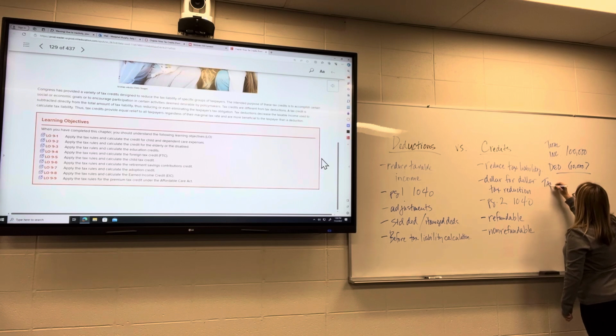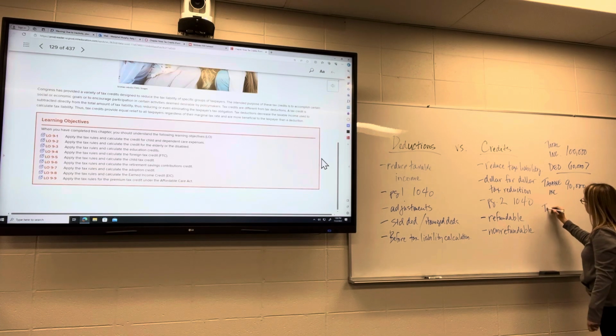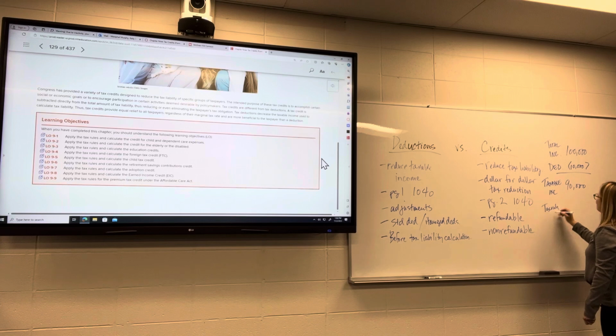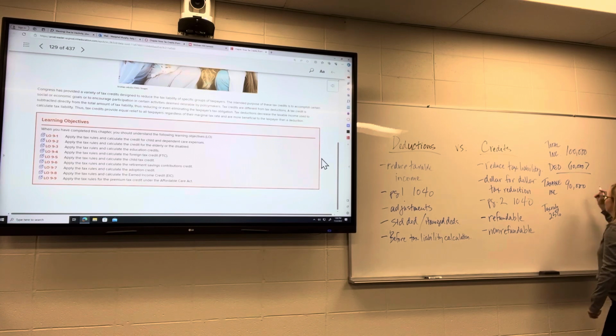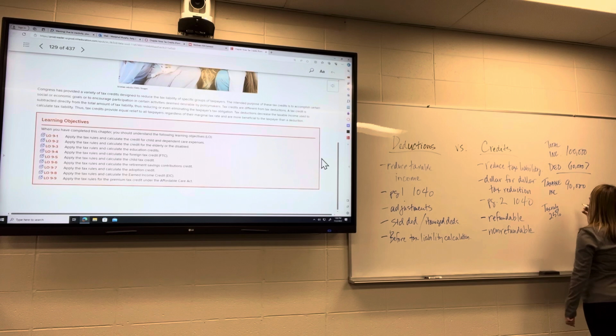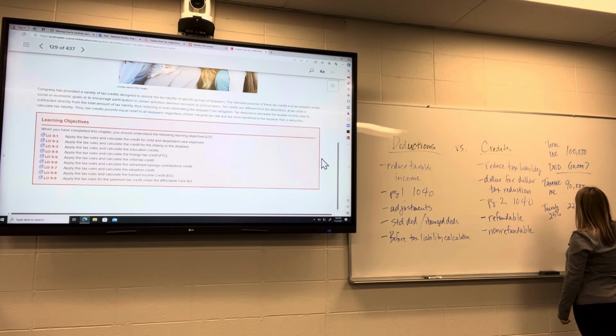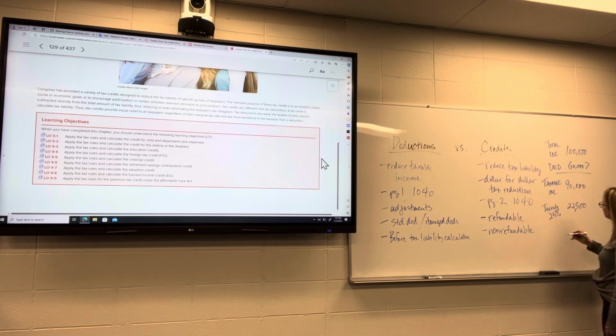Taxable income 90,000. Let's say our tax rate is 25%. Make it easy. Actually, it's not as easy. So 45,000, what's half of 45,000? 2250. So 2250, 500 is our tax, right?